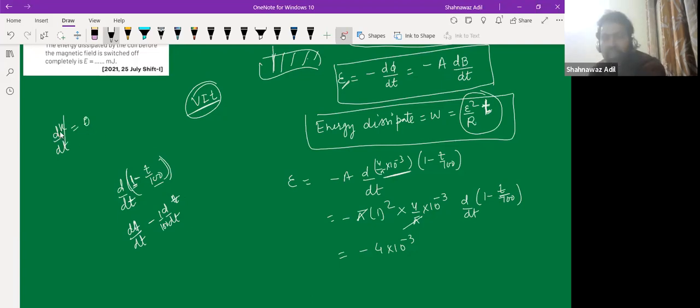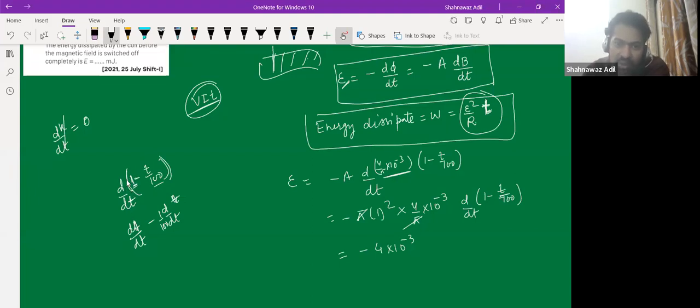What is the meaning of differentiation? Differentiation is that you want to check the change in one with respect to time.